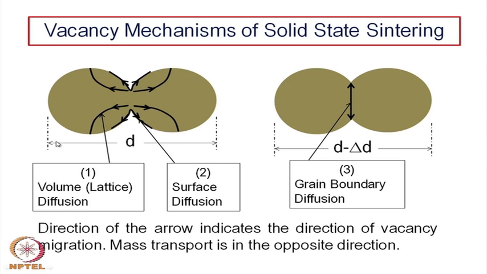This distance d will be less, d minus delta d. Okay. So, after the growth of the neck, there will be a change in dimension. That is one of the most important effects of the vacancy mechanism as compared to evaporation condensation.